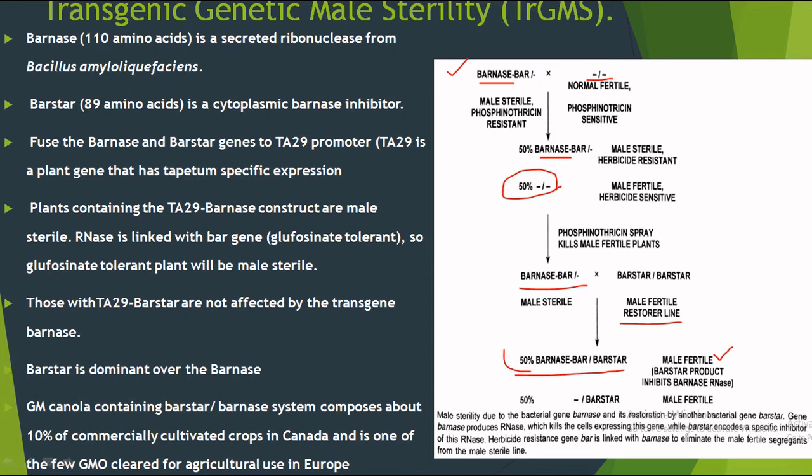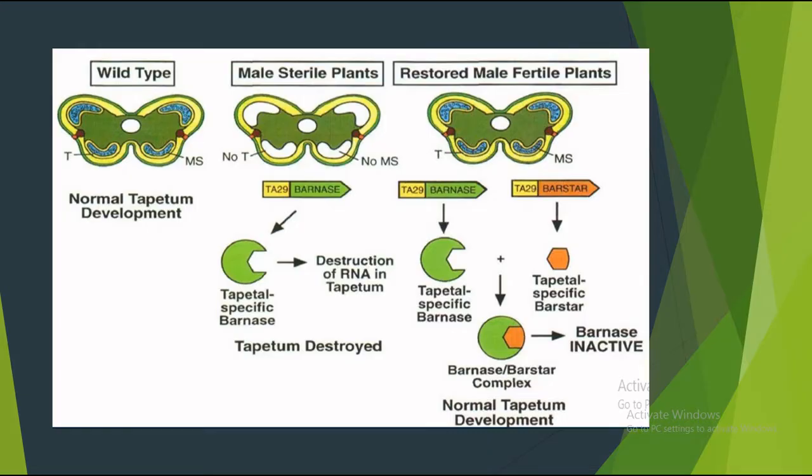Here they have used the TA29 promoter. It is a plant gene that has tapetum-specific expression, so it will express in the tapetum of the plant. In the wild type plant there is normal tapetum development. In the male sterile plant, you can see that under the TA29 promoter, the Barnase gene has been introduced.